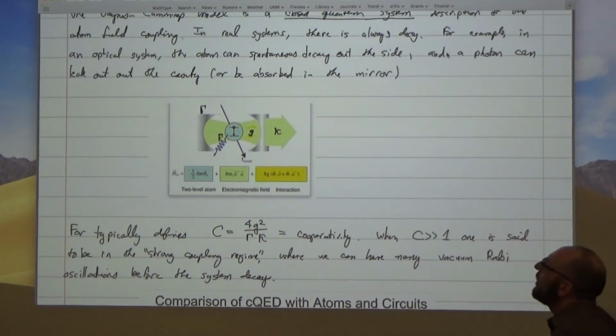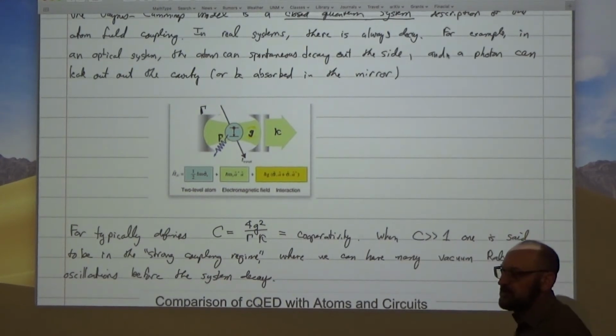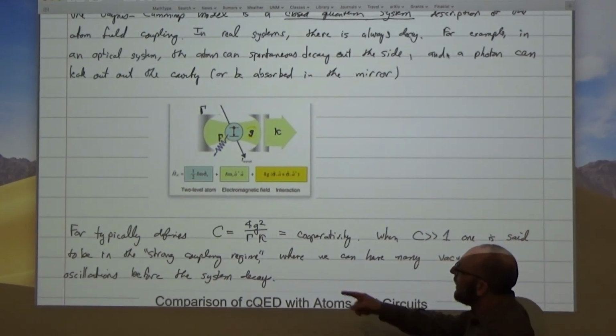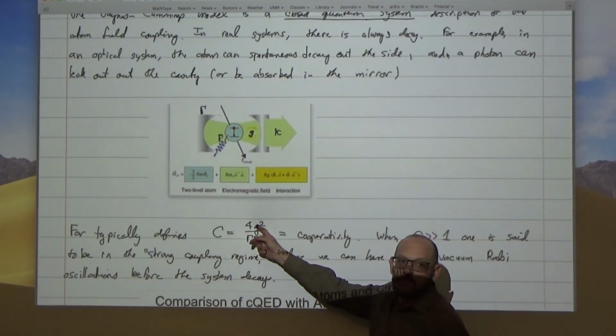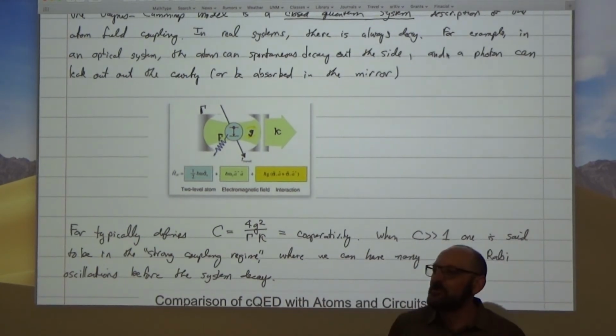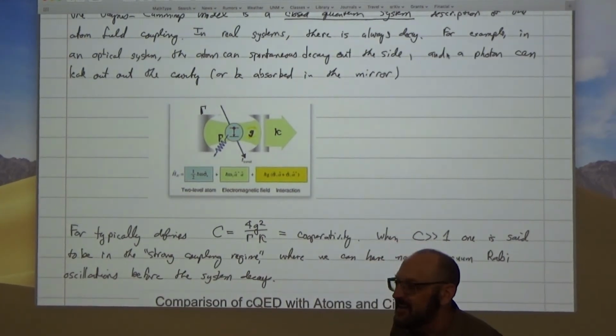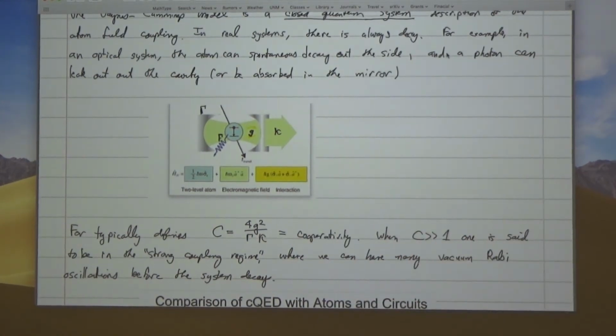And so the whole business of cavity QED has been about getting into what's called the strong coupling regime, whereby g, the single photon Rabi frequency, is sufficiently big compared to the rates of decay. This atom could spontaneously emit out the side of the cavity.